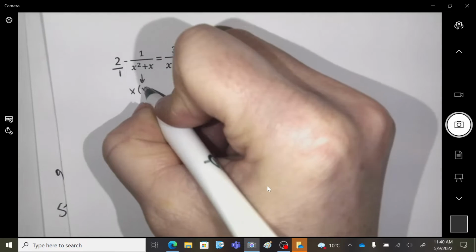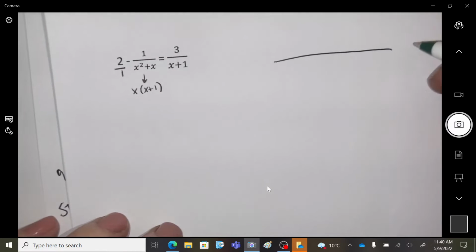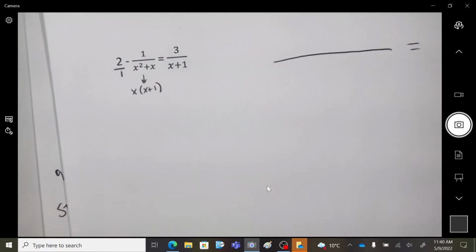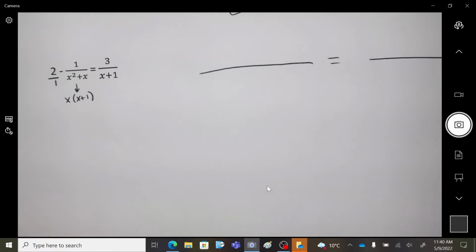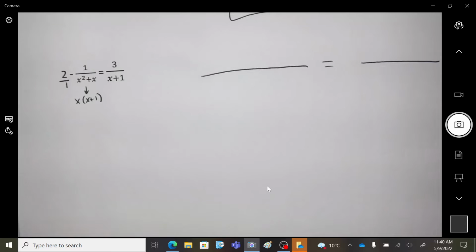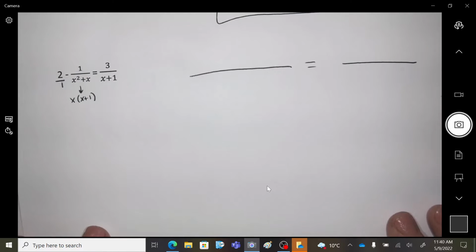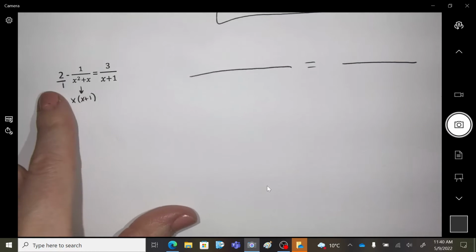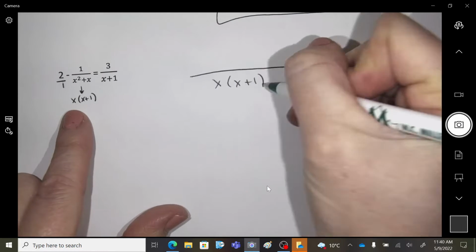GCF. Now it's my time to pick a denominator that will work for everything. I need an x and an x plus 1.